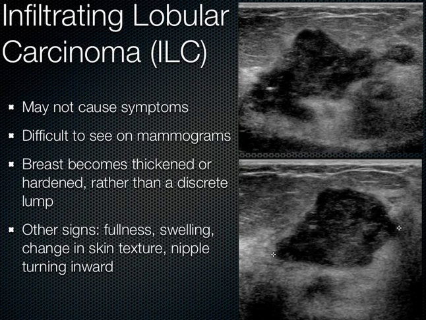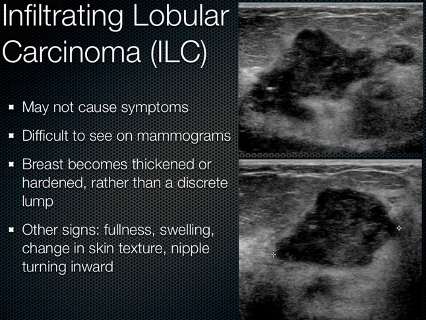Then there's infiltrating lobular carcinoma, and many of these patients don't have any symptoms at all. Again, it's difficult to see on mammograms. The breast becomes thickened or hardened rather than having a discrete lump, but you can have breast fullness, swelling, change in the texture, and the nipple can turn inward.